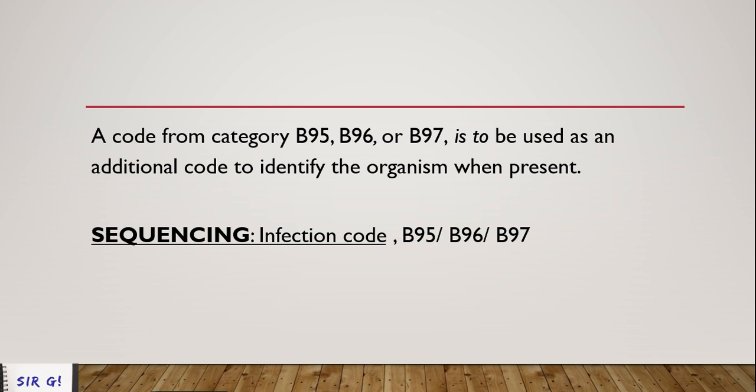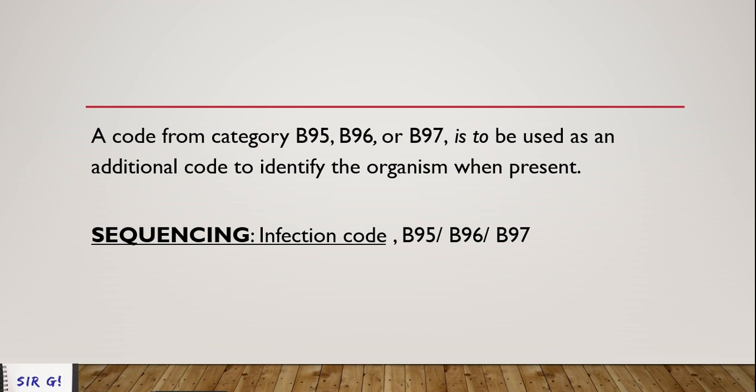Okay, so a code from category B95, B96, and B97. When you are coding an additional code to identify the organism, you can always use a code from category B95, B96, or B97. These are to be used as an additional code to identify the organism when present.